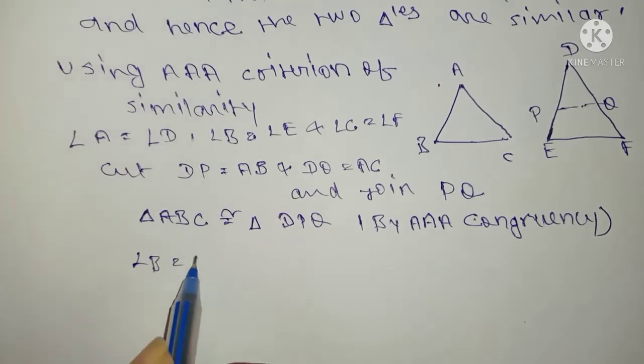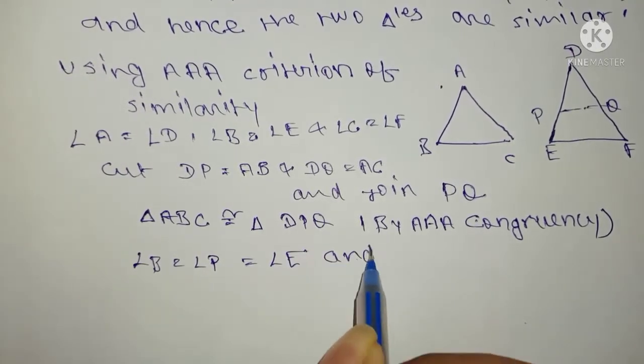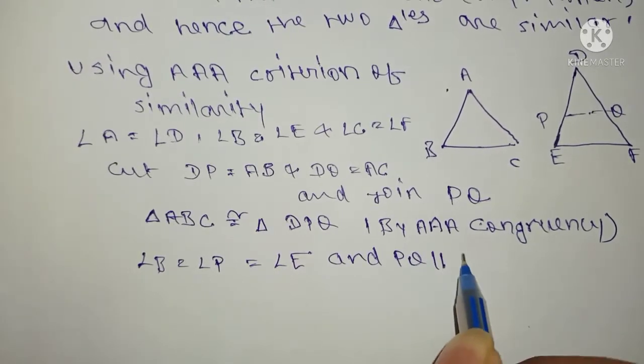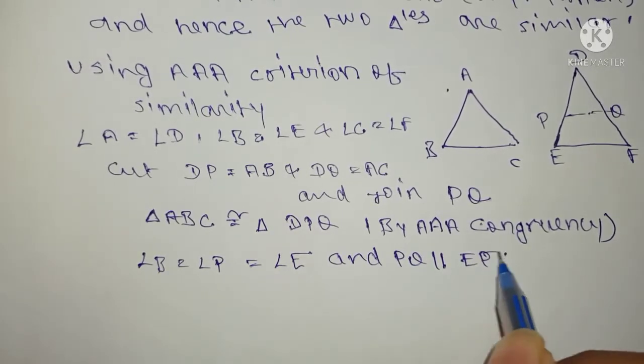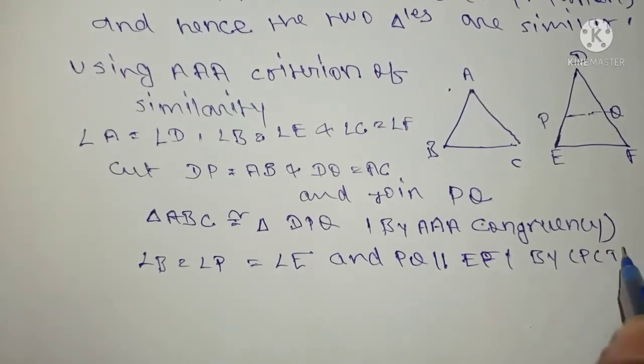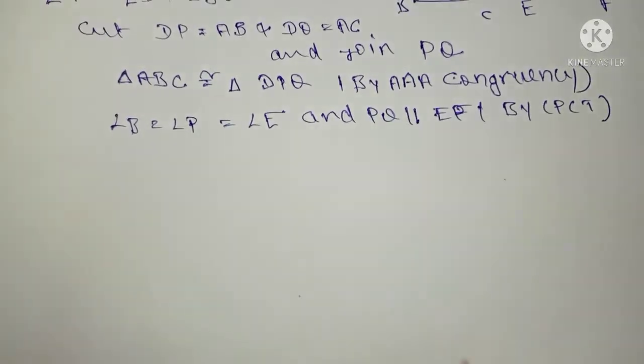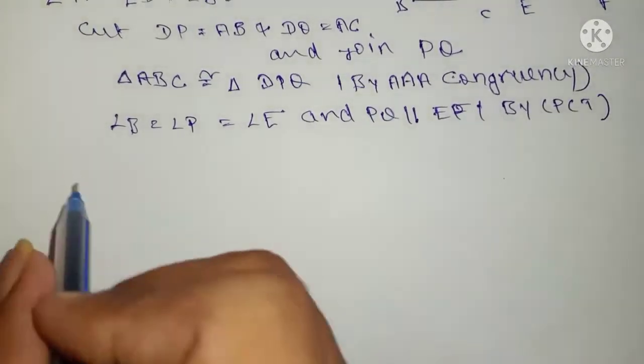Angle B is equal to angle P, angle E, and PQ is parallel to EF by CPCT. All this we have studied in class 9th, you can remember.